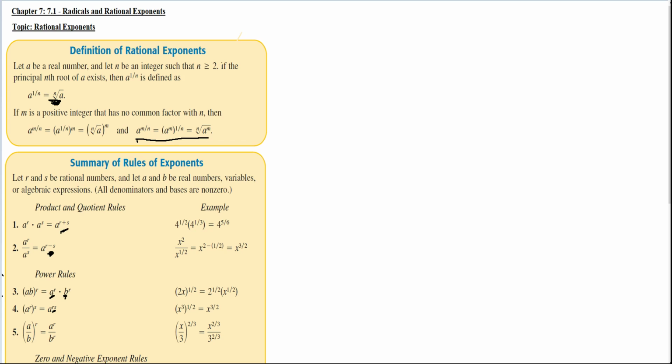So if we have, rather than some numbers, we're just using variables. If I have x to the fifth being multiplied by x to the fourth, how would I go about evaluating that? What I want to do is rewrite this radical using my definition. So I have x to the fifth, which is being multiplied by x raised to the 4/2 power.